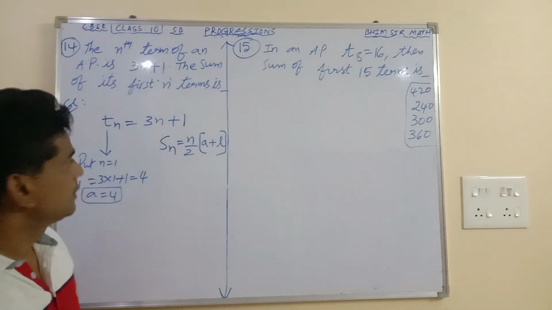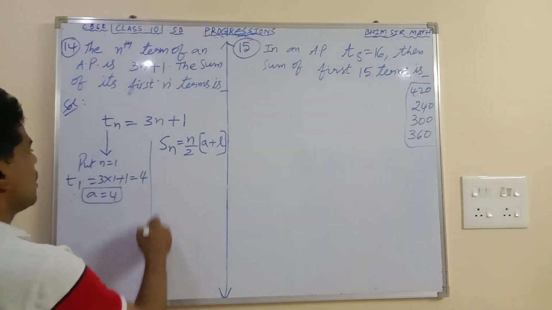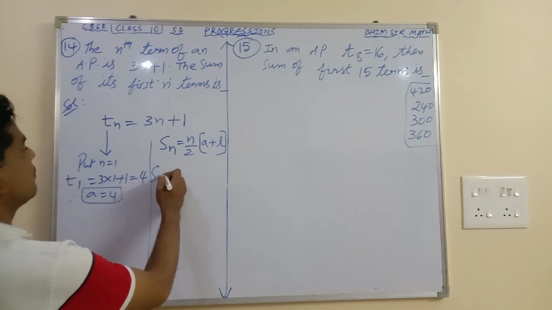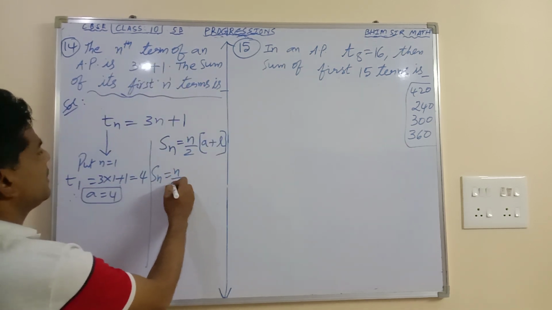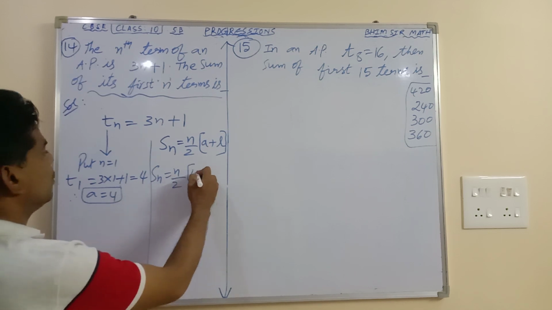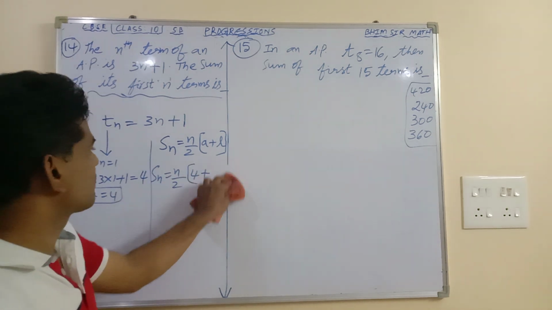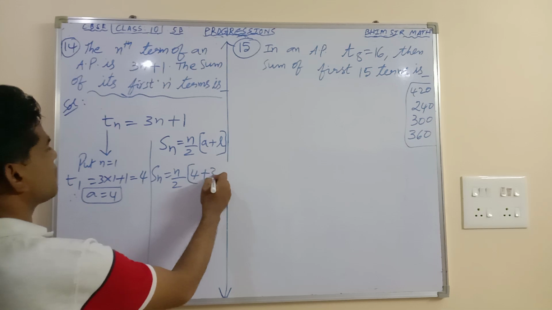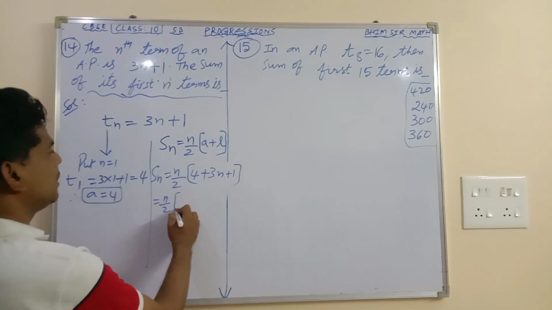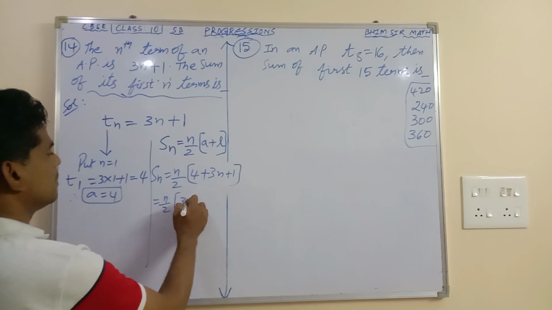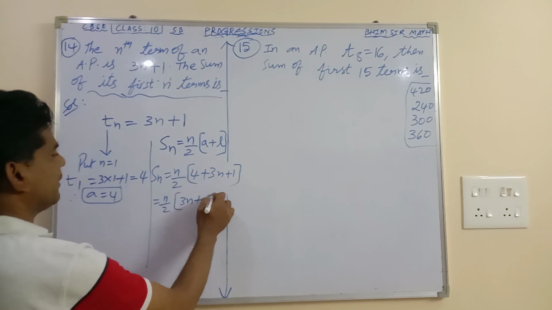Tn is 3n plus 1. Now substitute here. Sn equals n by 2 into a, which is 4, plus l, which is 3n plus 1. So the answer is n by 2 into 3n plus 4 plus 1, which is 5.